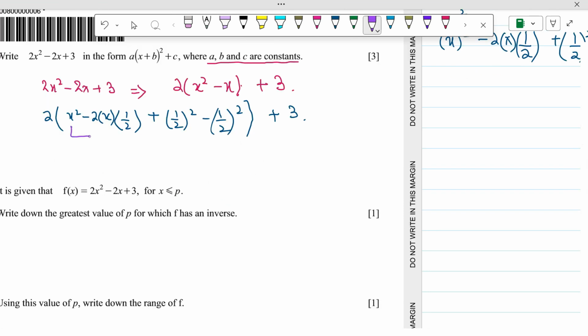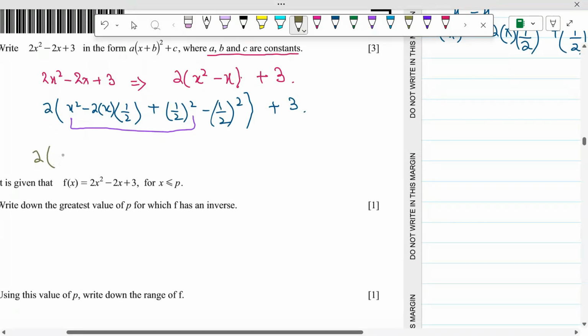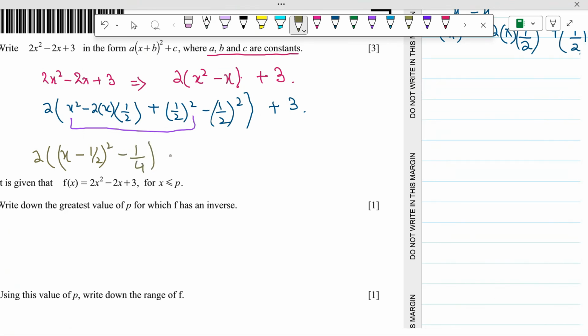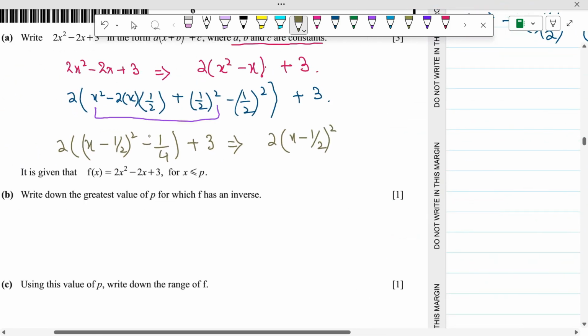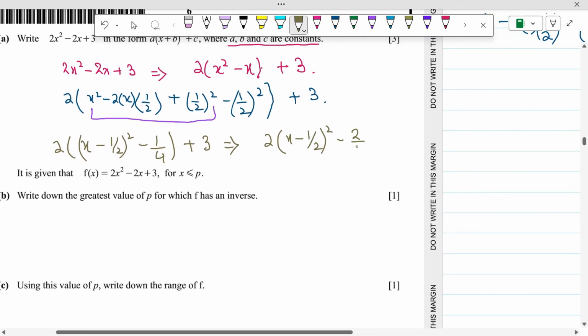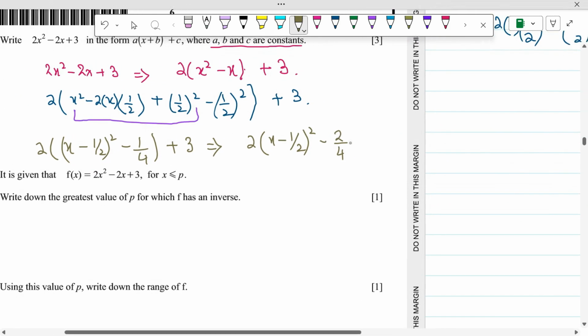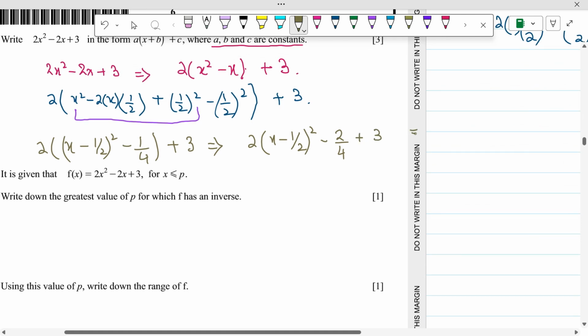We can apply the (a minus b) whole squared formula in this term: 2 times (x minus 1 over 2) whole squared and the remaining negative 1 over 4, plus 3. Further solving, we will have 2 times (x minus 1 over 2) squared, 2 times negative 1 over 4, so 2 over 4, plus 3.